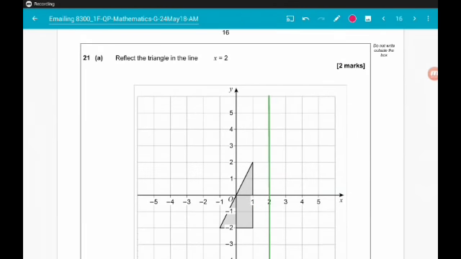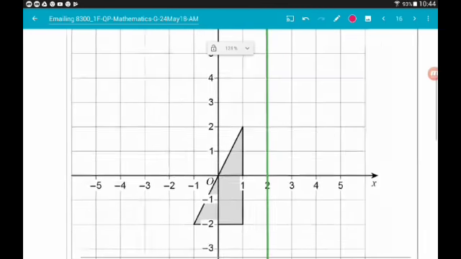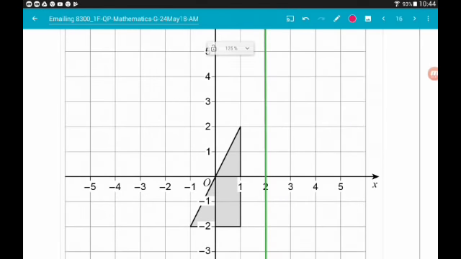21a wants us to reflect this triangle in the line x equals 2. So the line x equals 2 is a vertical line through the x-axis where x is equal to 2. So this green line here.